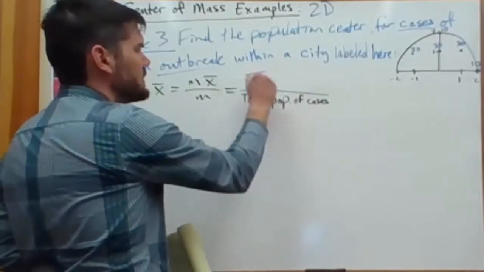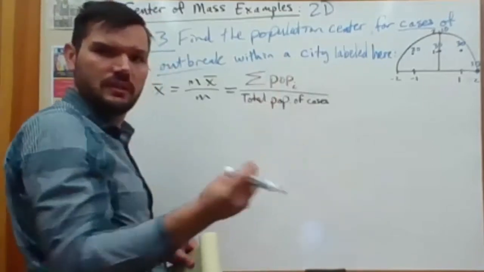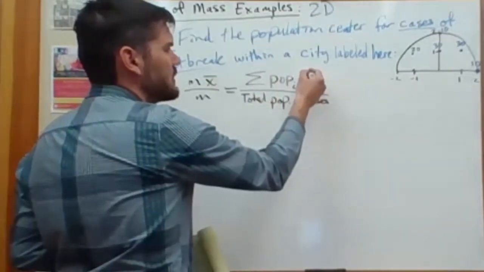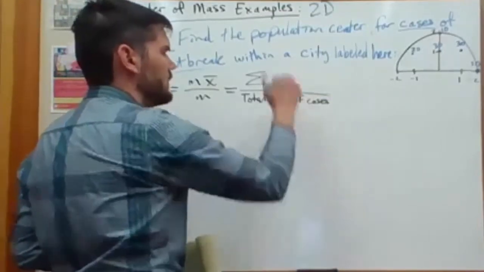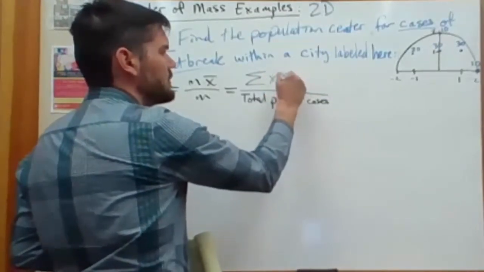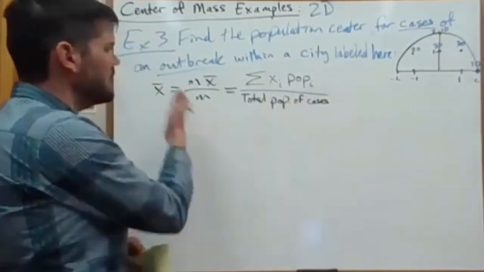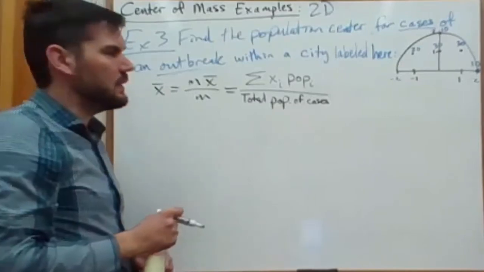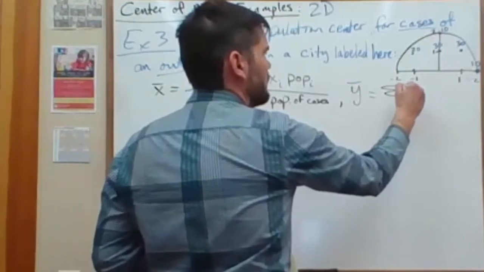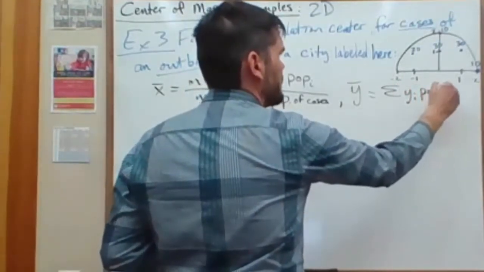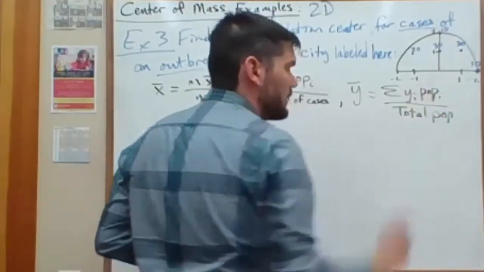So you can think of this as the sum of the populations at each distinct point times their x value. So we'll think of that as x sub i times the population sub i, all added together. And in the same way, the y bar will be the summation of y sub i times the population amount divided by the total population.